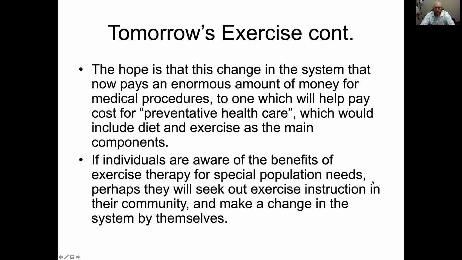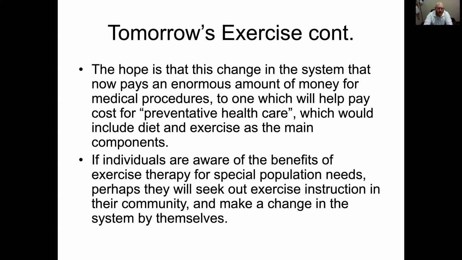So what we're hoping can change through time is that there's a lot of money going out right now for medical procedures that could have been avoided through more exercise and healthier living. So we're hoping that maybe spending on preventative health care can go up, and they won't be spending as much on these medical procedures that could be avoided by doing more preventative health care, such as proper nutrition and exercise.